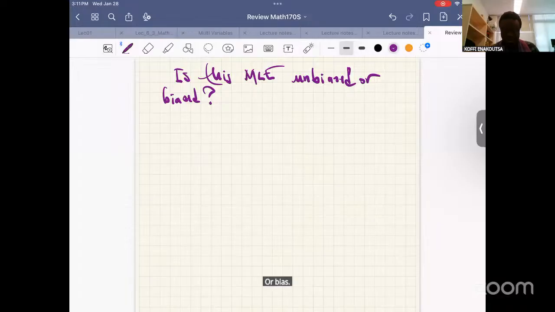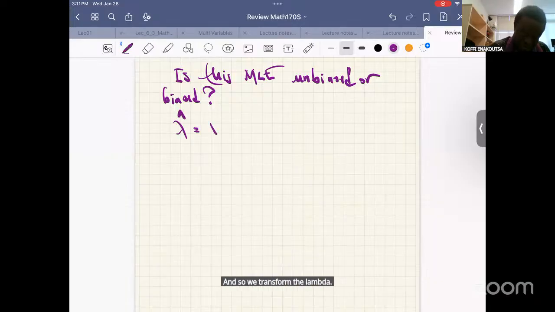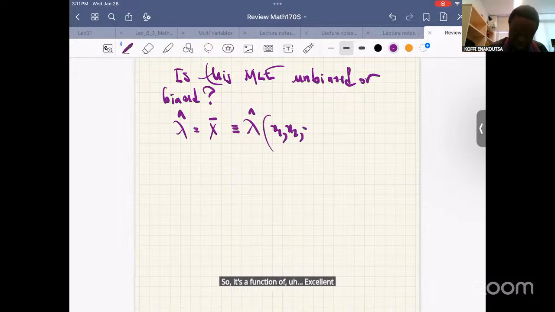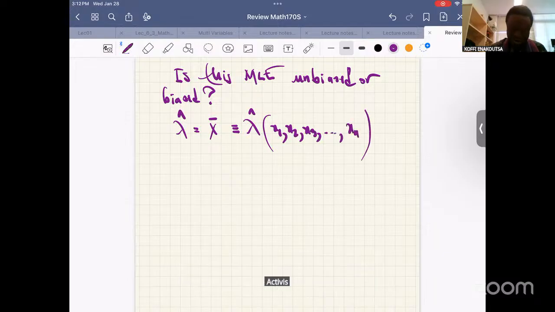Usually, to find that out, we transform the lambda hat, which is X bar. So it's a function of x1, the deterministic x1, x2, x3, etc., xn.